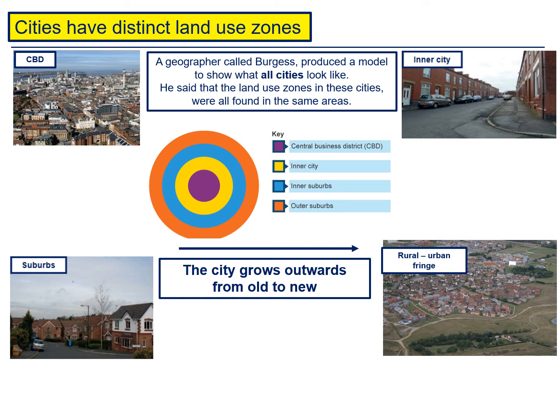So he said that the land use zones in these cities were all found in the same areas. So you can apply this model to any city, especially in the UK. So from the central part is the CBD, going out to the inner city, inner suburbs, outer suburbs, or rural urban fringe. And that's what every city in the UK would look like. If you travelled from the centre all the way out to the countryside, that's what it would look like.